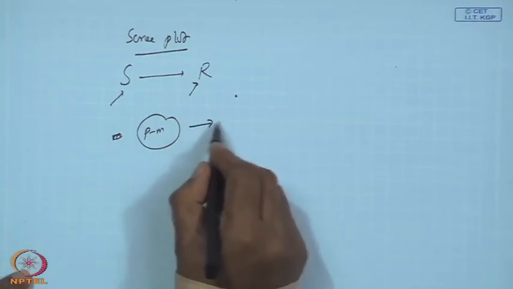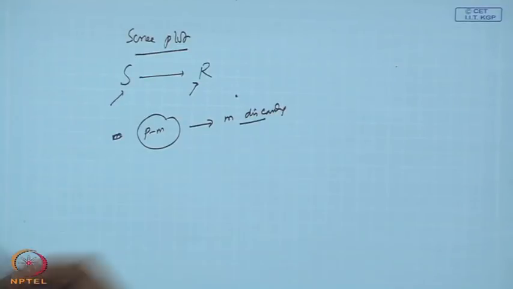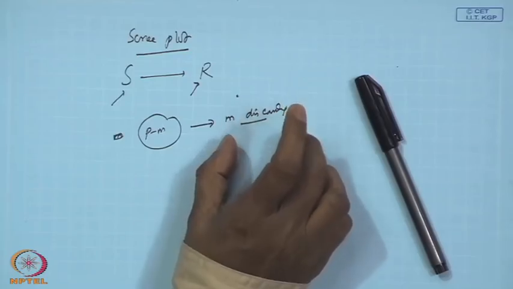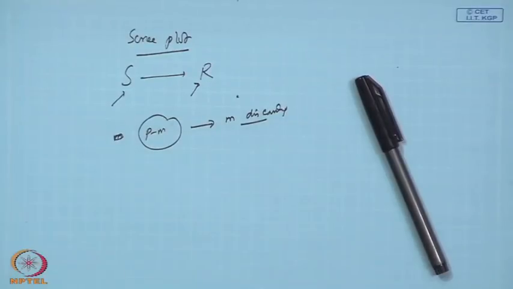That means m components you are discarding. Now, my question is, I want to test the discarded components collectively, whether what they are contributing in explaining the variability of the original data matrix is significant.